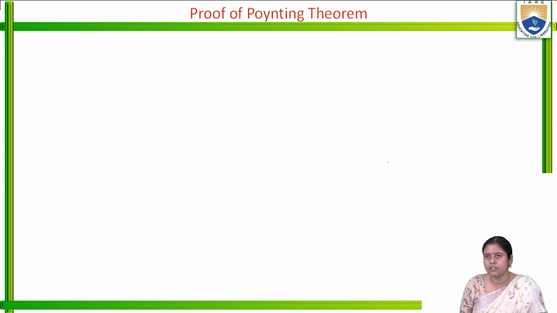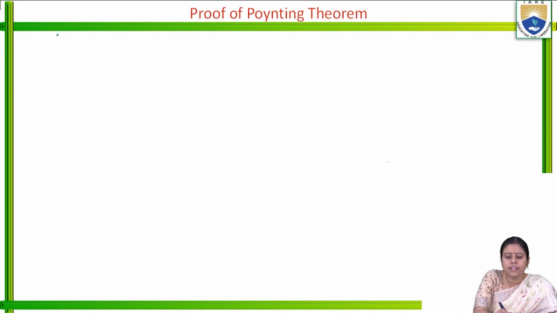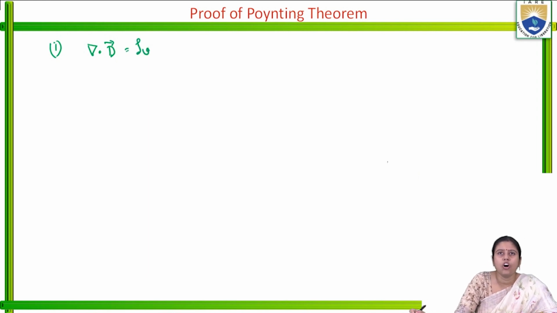Before starting the Poynting theorem, we will use the three Maxwell's laws. The first law is divergence of D is equal to rho V. This is from Gauss law, but we know that in free space the charge is equal to 0.